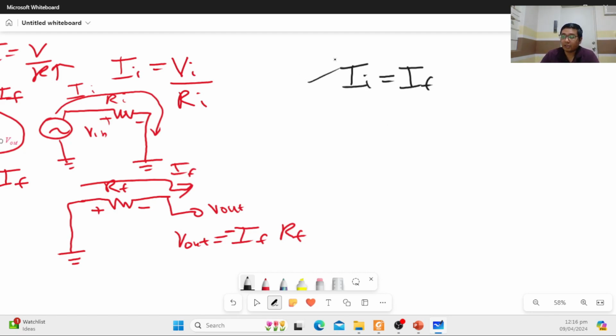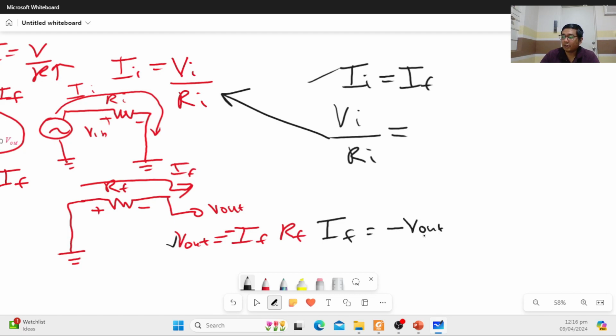Kaya equal itong dalawang ito. Okay, and then we have the equation for II, which is V sub I over R sub I. So ito yun. Okay, and then the equation for IF. So i-derive lang natin from this equation. So we have IF is equal to negative V out over RF. So i-replace lang natin dito sa right side yung term na IF natin. So this is equal to negative V out over RF.